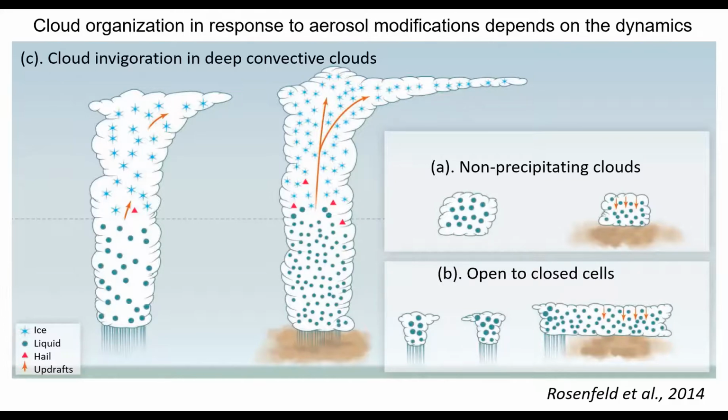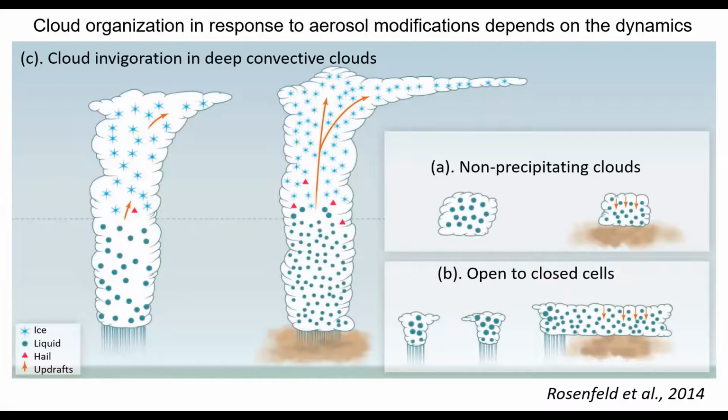Because of this process, cloud lifetime is delayed again in convective systems. These anvil clouds grow bigger and larger, so that they stop the outgoing long wave radiation. At the same time, they reflect the incoming short wave radiation.